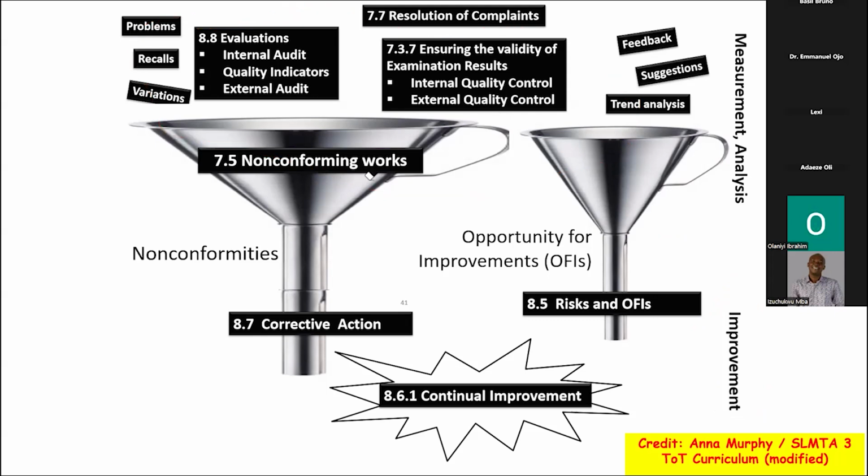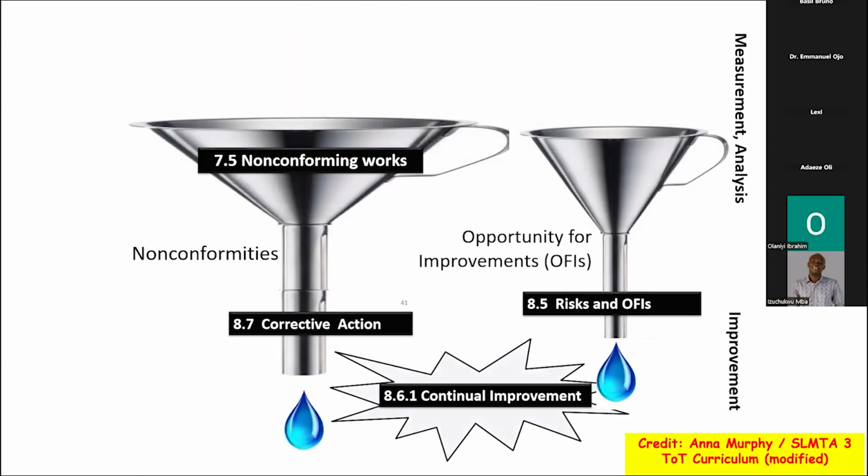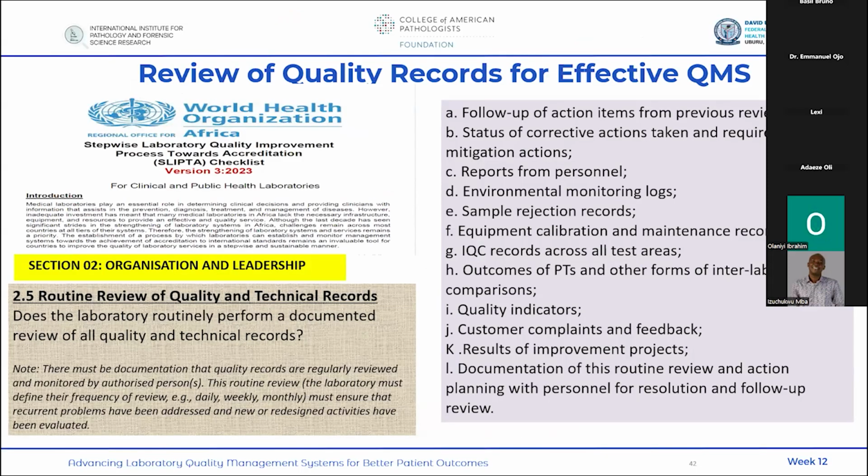So all of these are things that help us when we talk about, oh, we want to achieve improvement in the lab. So we have continual improvement based on that. So one of the checklists that's popularly used is the WHO AFRO SLIPTA checklist.